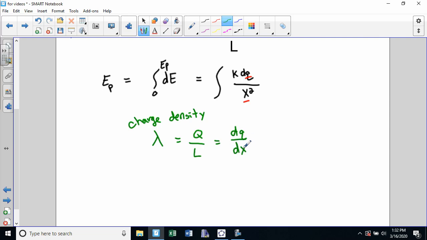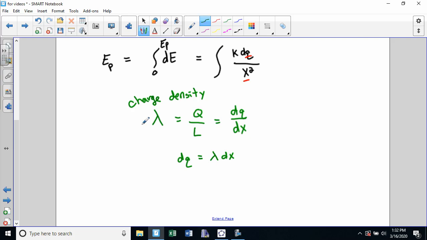What that allows me to do is rewrite dq as lambda dx. So I'm going to go back up to my integral for the electric field, and EP is equal to the integral of all the little tiny electric fields, which is the integral of k dq, but I'm substituting in lambda dx, over x squared.